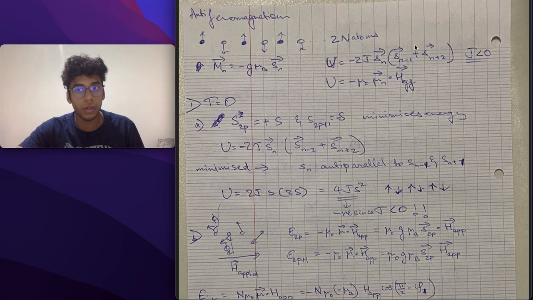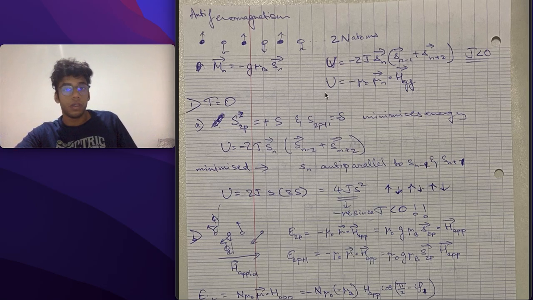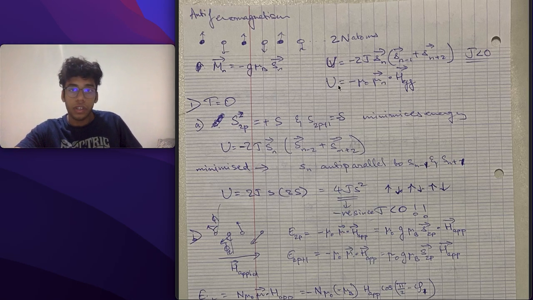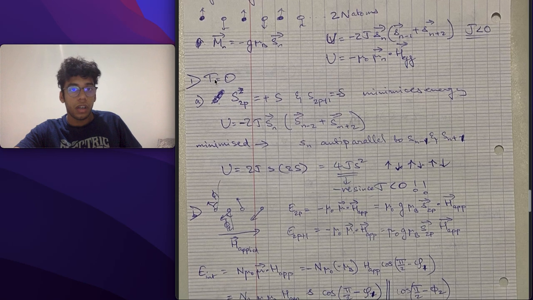When you are looking at spin up and spin down, you might get confused with the negative signs, so just pay attention to the sign here. You can define your exchange energy as follows, and at temperature 0 you have the spin of all 2p atoms given by plus s, and 2p plus 1, that is all even is plus and all odd is minus, and this minimizes the energy.